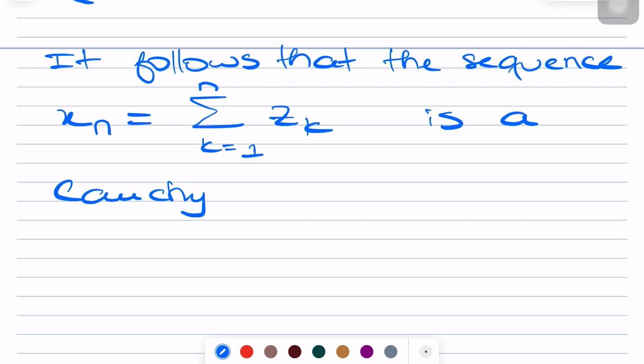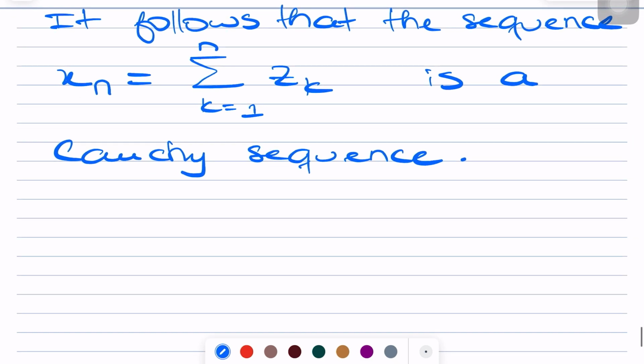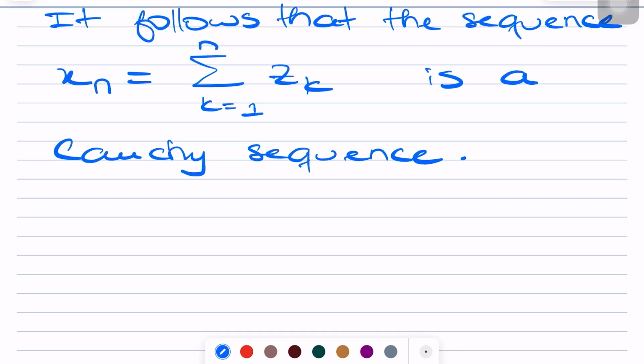I think this one you can easily prove, so I'm not going to do that, but if you have any problem, feel free to reach out to me. So xn is a Cauchy sequence.